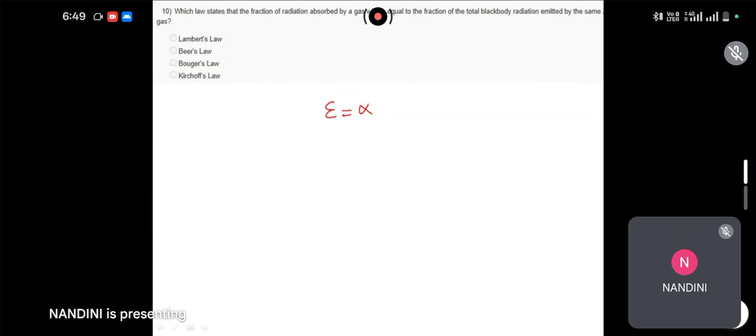Yeah. So Kirchhoff's law basically states that the absorptivity will be equal to the emissivity. So the answer is Kirchhoff's law.